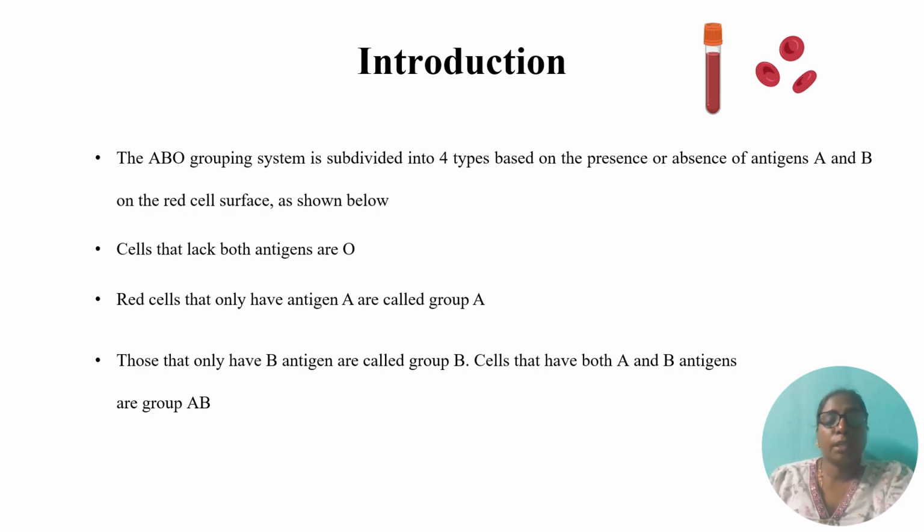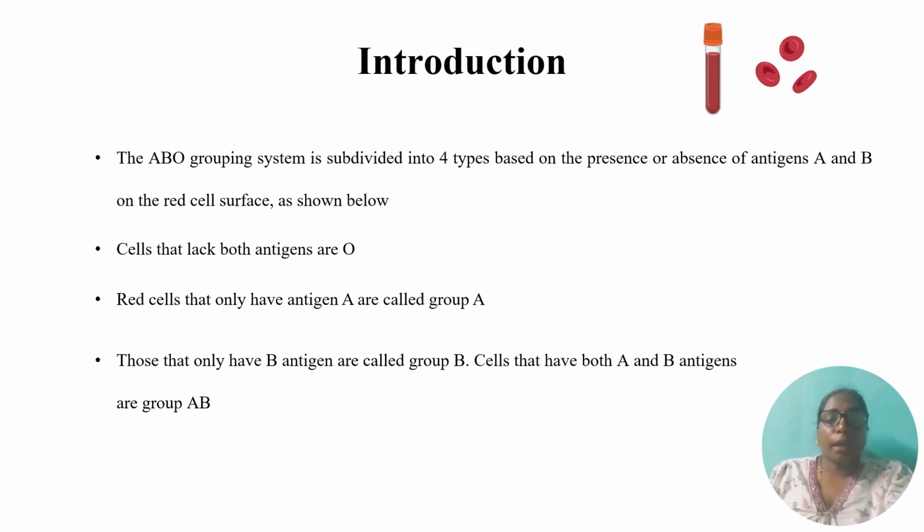So red blood cells are distributed with either antigen A or antigen B, if it is A blood group or B blood group. If it is distributed with both, it is AB blood group. If there is no antigen, then that is O blood group. The surface is distributed with the D antigen also, which determines the RH typing.